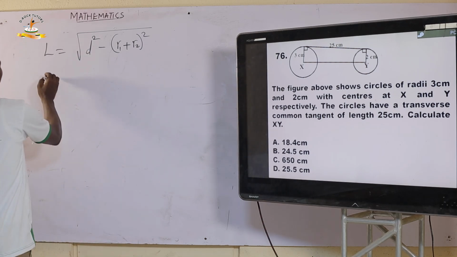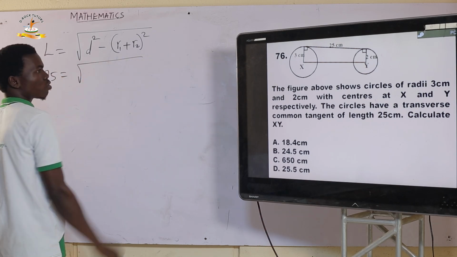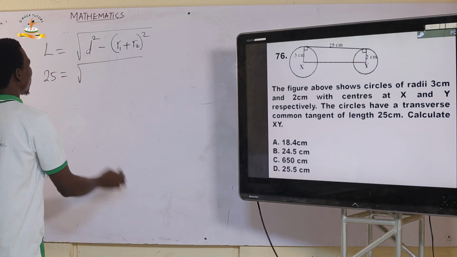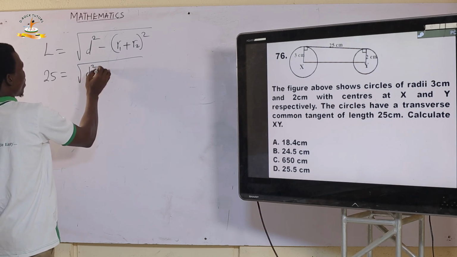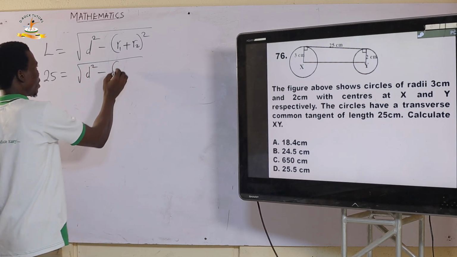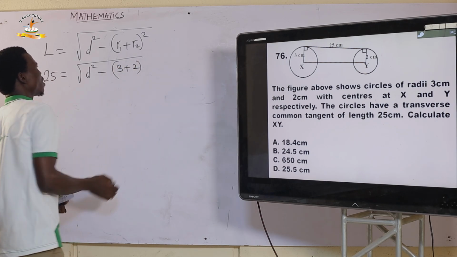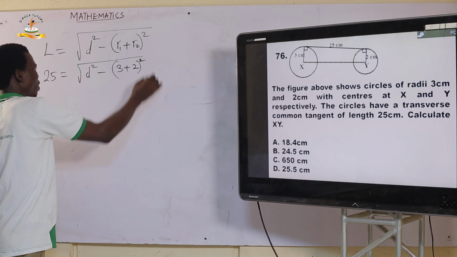So we simply say 25 centimeter equals the square root of D, which is what we are looking for, that is XY. We say D squared minus the first radius, 3 centimeter, plus the second radius, 2 centimeter, and don't forget to put the square.